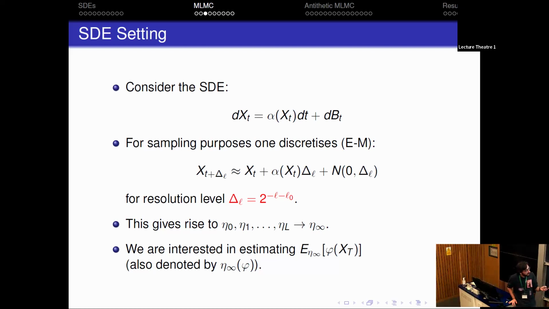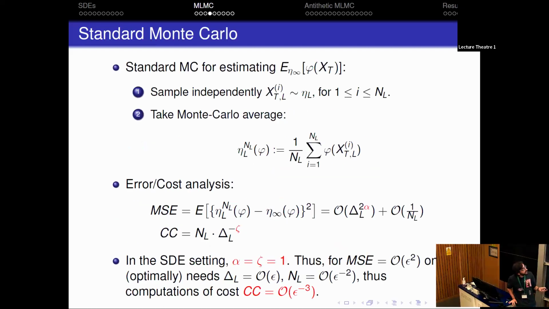So what's the trick here? If you do standard Monte Carlo, the analysis is quite simple. If you try to see how much effort you need to be within epsilon of the correct expectation of interest, the analysis is not that difficult. You fix your step size in whatever discretization scheme you have selected to solve your SDE.